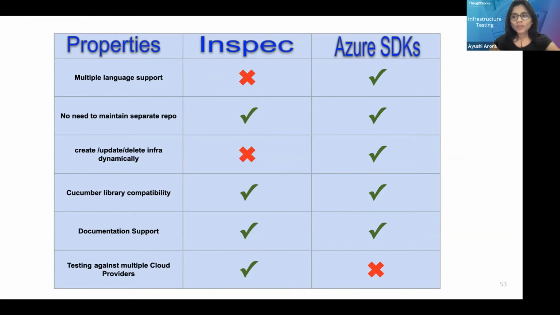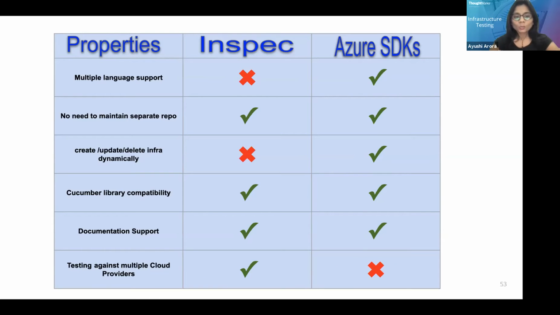Inspec doesn't provide that flexibility. If anybody's project demands creating the infra dynamically to test or for any other reason, then the Azure SDKs are a better choice, because you can just do that with code with one click. You don't need to go to the portal and do that again and again manually. So here we'll give 1 point to Azure.